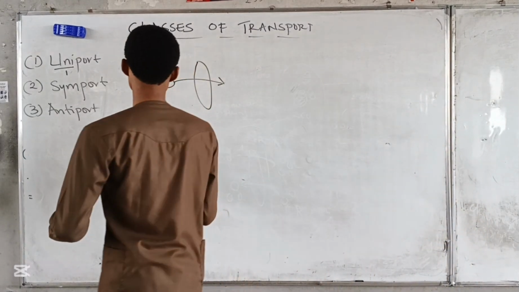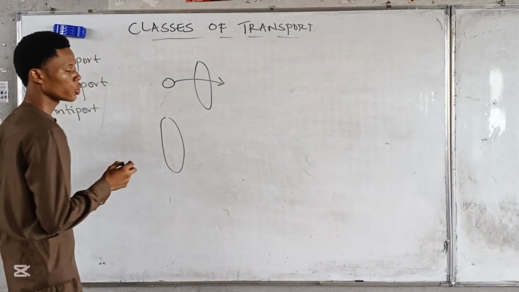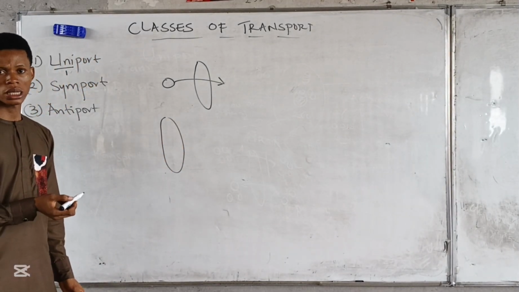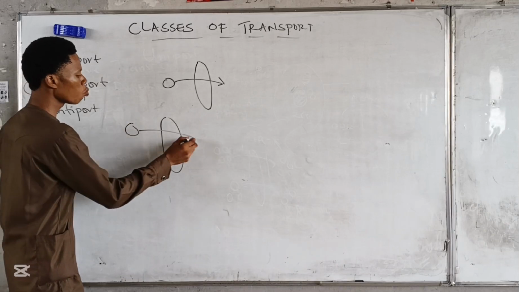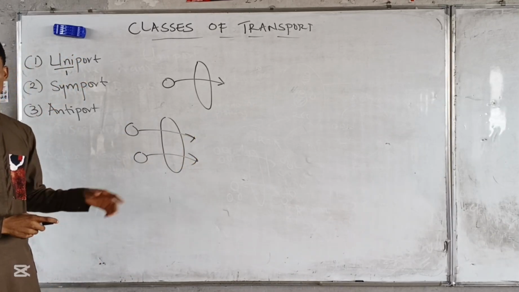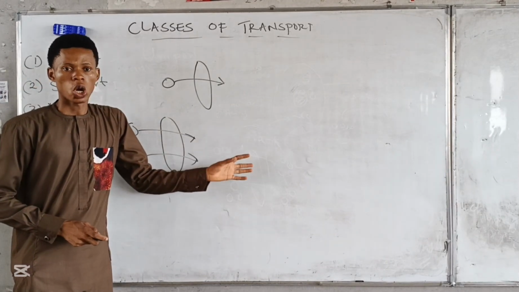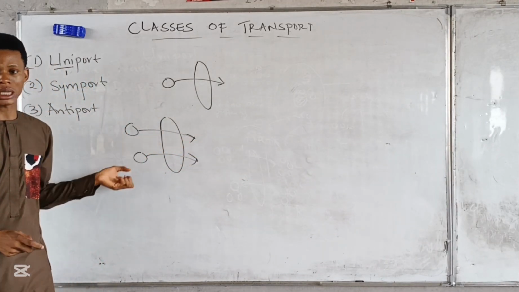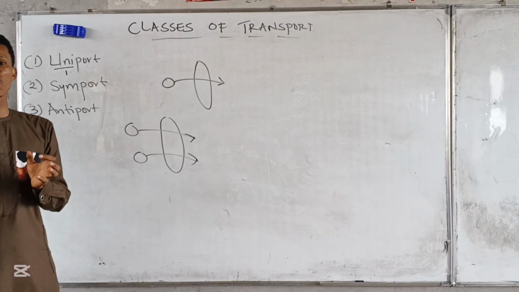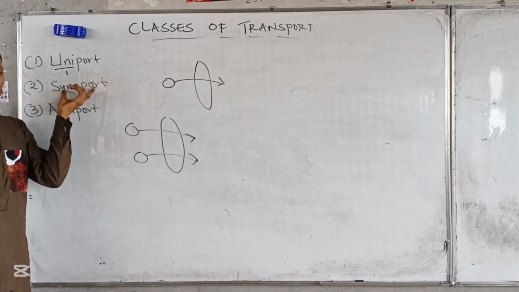Then the second one, symport. Symport is a form of co-transport, right? Here we have two molecules moving in the same direction. So it's either both of them moving into the cell, or both of them moving out of the cell. If the two molecules are moving in the same direction, we call that symport.